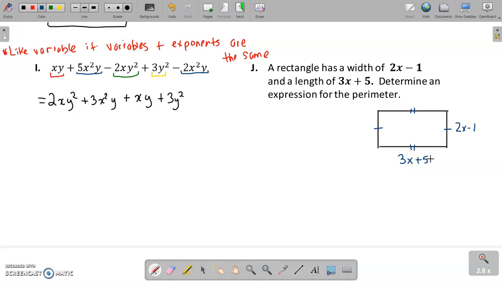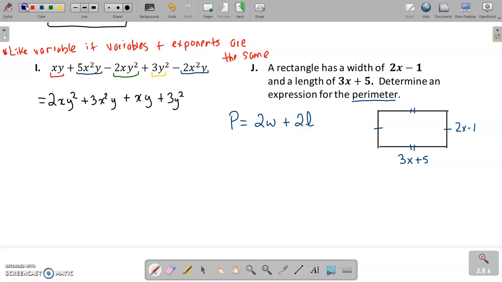Now we have a visual for it. So it's always good in your examples to draw a visual. What's the formula for perimeter? If you're not sure, you can look it up on your formula sheet. We have the perimeter is equal to 2 times the width plus 2 times the length.